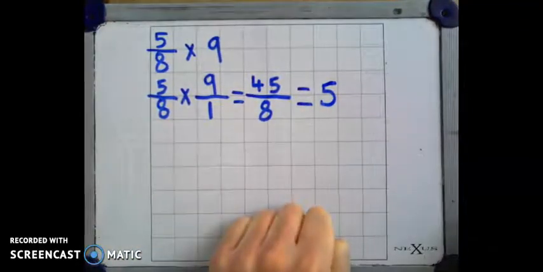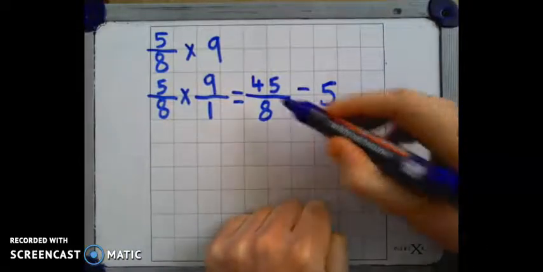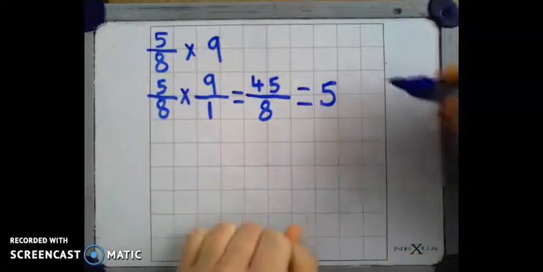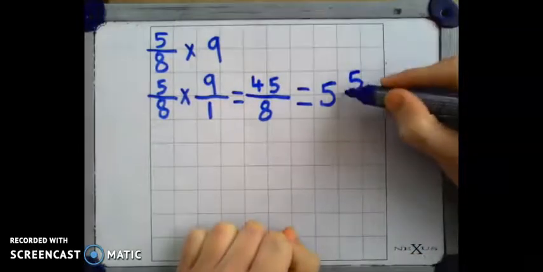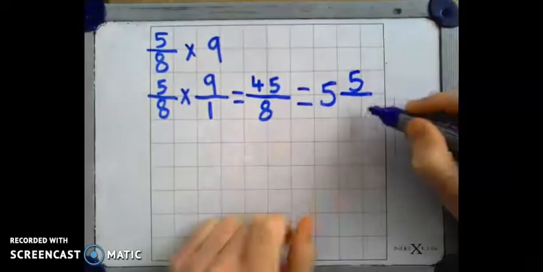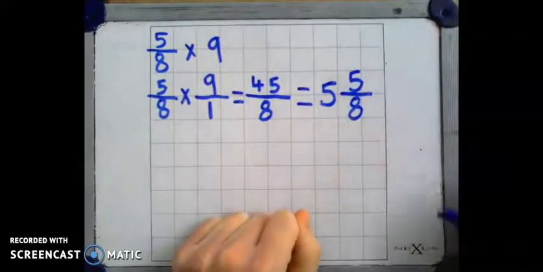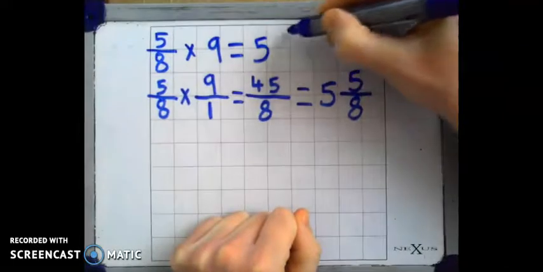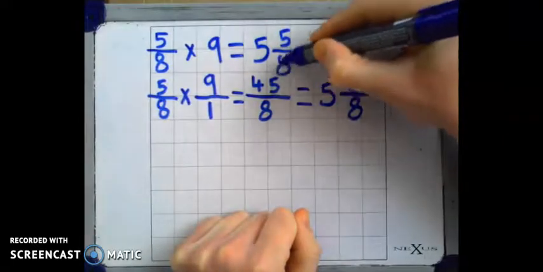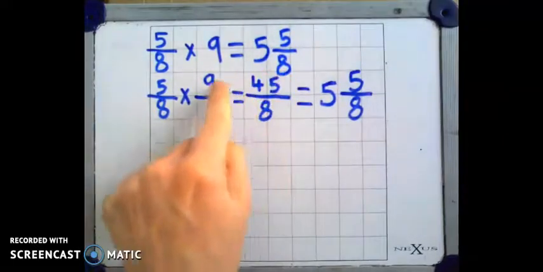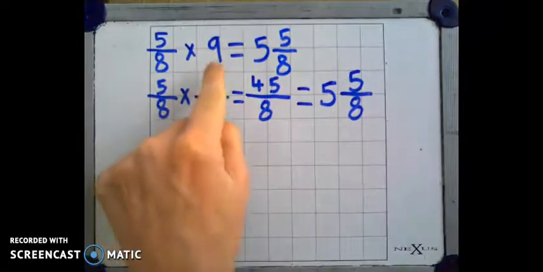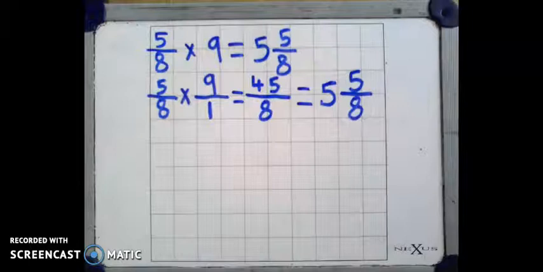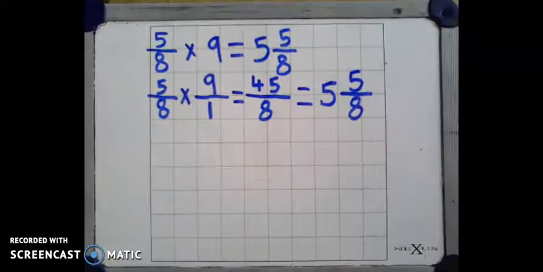Anything left over? Yep, because 8 times 5 is 40. There is 1, 2, 3, 4, 5 left over. 5 becomes the new numerator and it's over a denominator of 8. So 5/8 of 9 is 5 5/8. And as we can see, we were right. The answer is smaller than the whole number we were multiplying by, because we've found 5/8 of 9.